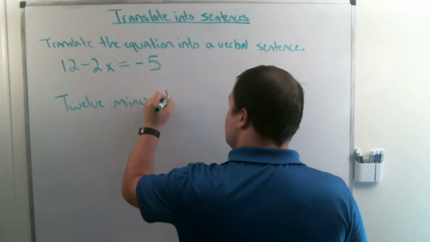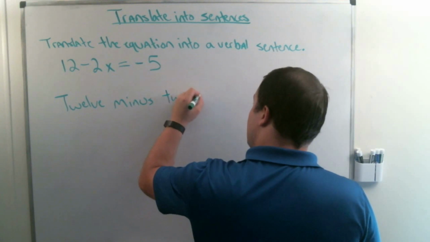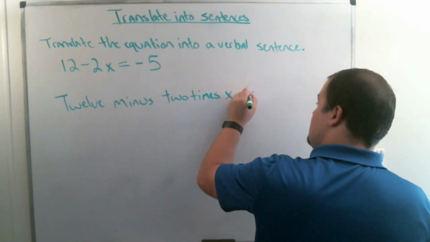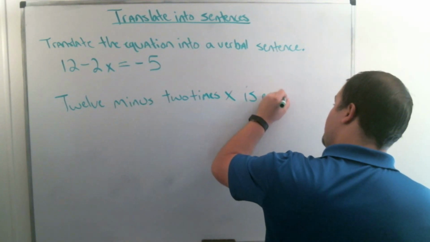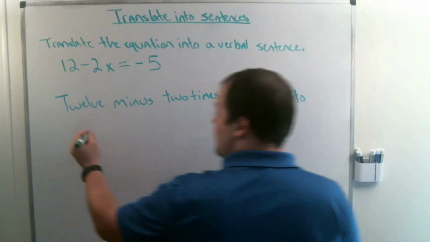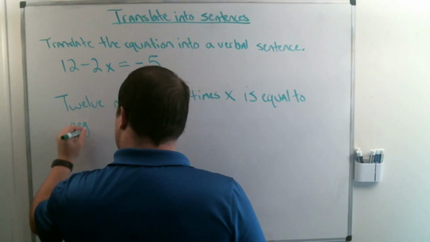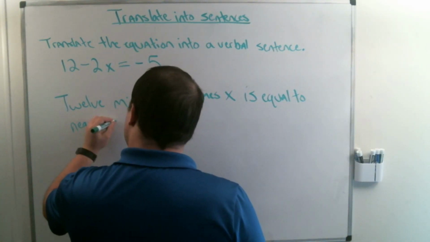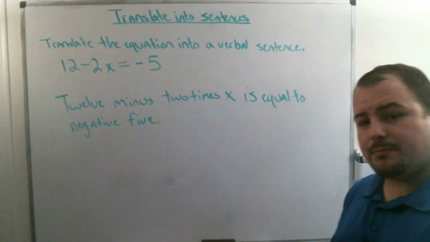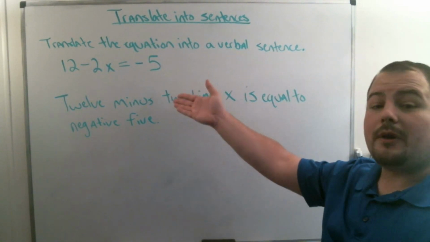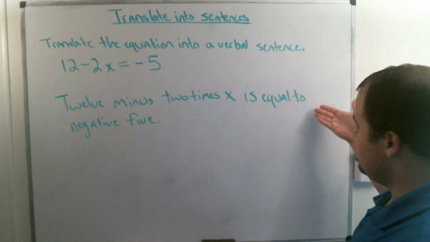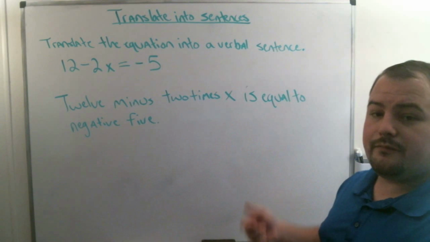So 12 minus 2 times x is equal to negative 5. So in this problem, I was able to look at it and write exactly what I saw. I saw 12 minus 2 times x is equal to negative 5.